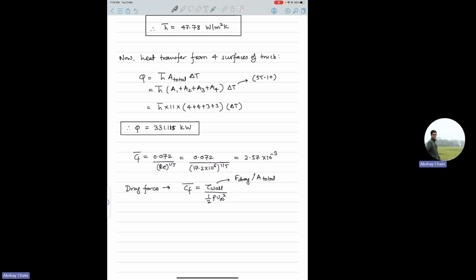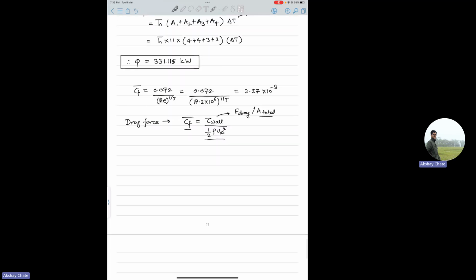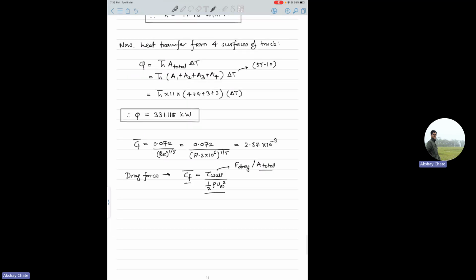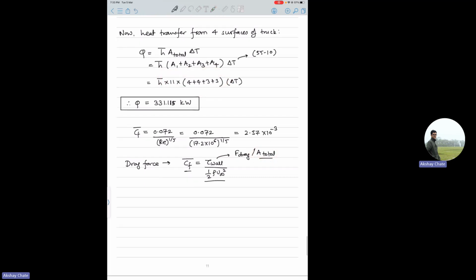So that should be force divided by area. So now we have the total area, we have these properties also, and we know this also. So if you plug in this, and again total area will be calculated similar to what we did here. So that will be your total area, because drag is acting on those four surfaces.